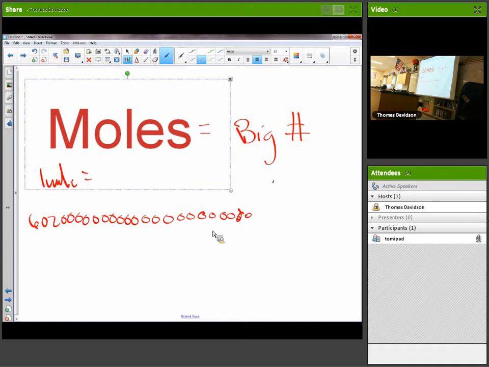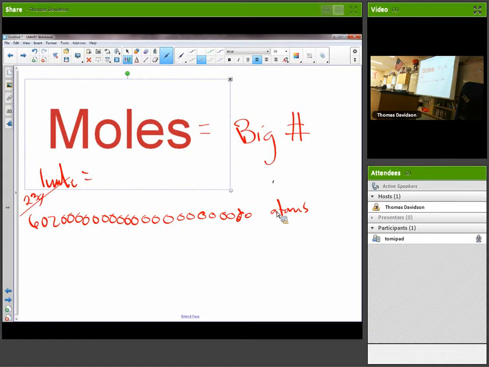So if we said that sodium had a mass of 23 grams, it'd be per every one of these atoms. Well, who wants to write that? Raise your hands. Okay, no one wants to really write that.